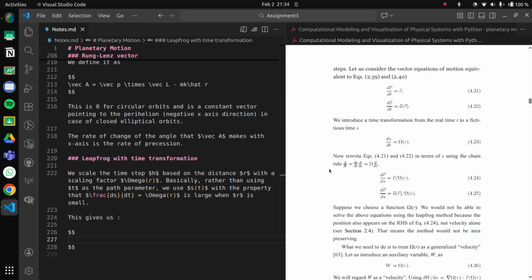Okay, by the way, ds by dt equal to omega of r, that implies dt by ds is 1 by omega of r. That's just like normal. The same thing kind of goes for partial derivatives as well. Yeah. No, wait, okay, it doesn't, but I don't know what I'm talking about at this point. Anyway, what were we doing? Right, our update steps. So we'll have d by ds.